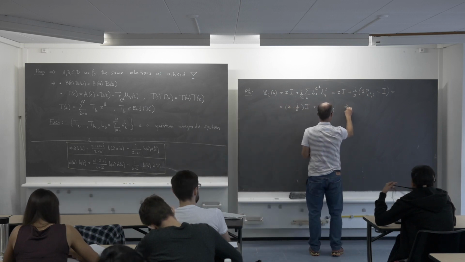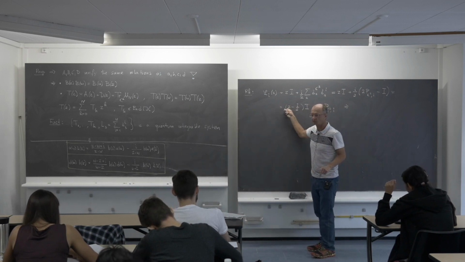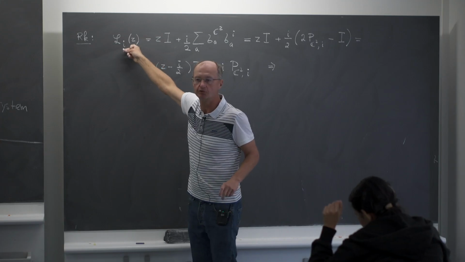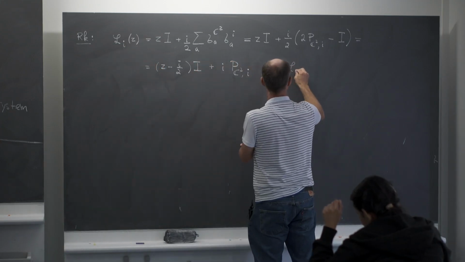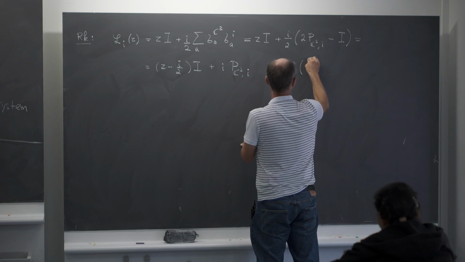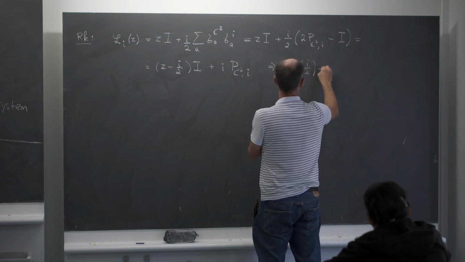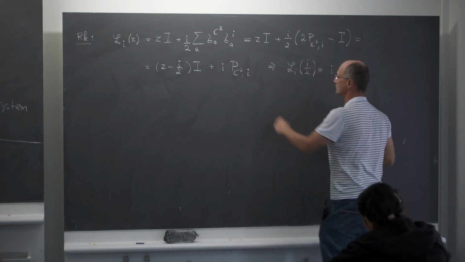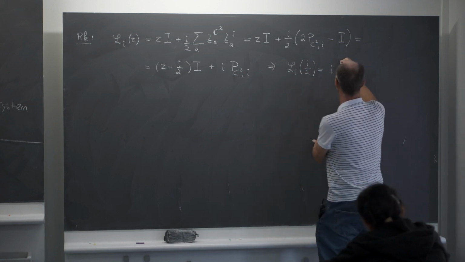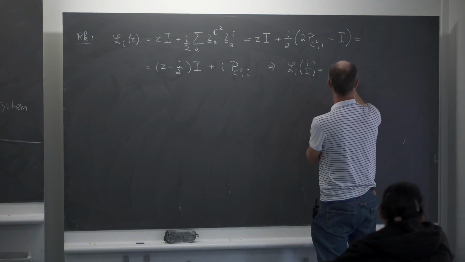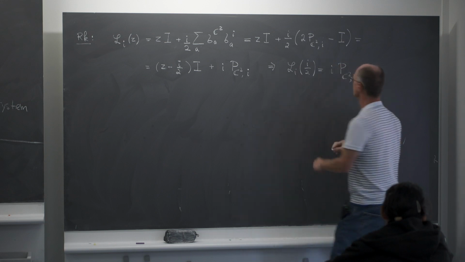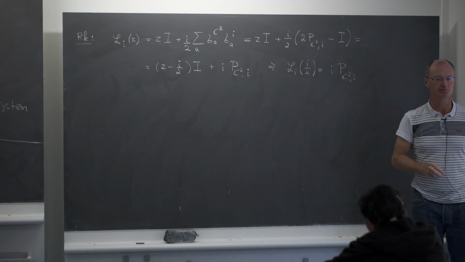So it follows that there is one somewhat special value of z, which is equal to I over 2. And at that point, this operator is up to multiplication by I equal to the permutation matrix.